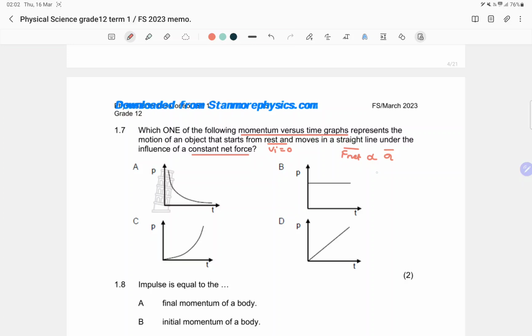And then we know that acceleration in general is the change of velocity over change of time. So if we solve for velocity, it's going to be acceleration times delta t. We can make this equation 1, okay? So all we know is that velocity is directly proportional to time when acceleration is constant, because our acceleration is essentially constant since the net force is also constant.